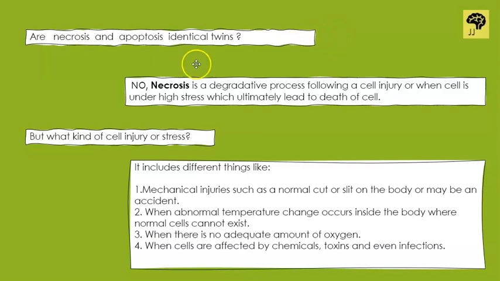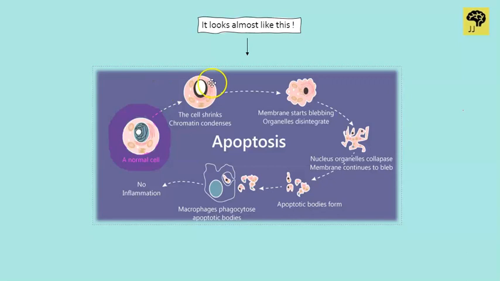Necrosis is a degradative process, which means it causes degradation of that particular cell which is undergoing necrosis and also the surrounding cells. In necrosis, the membrane which was once intact gets disrupted.